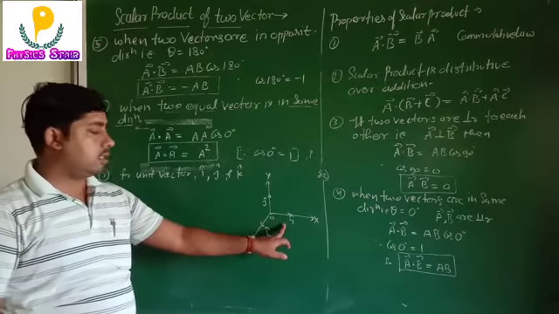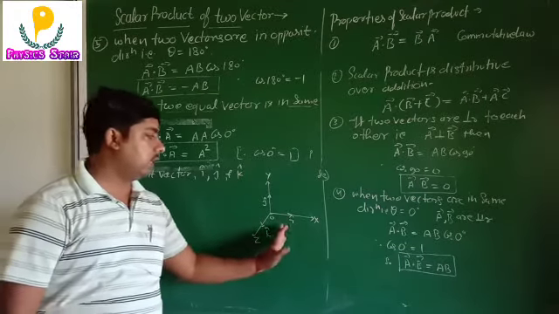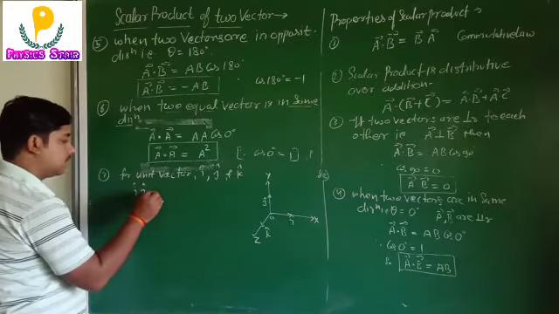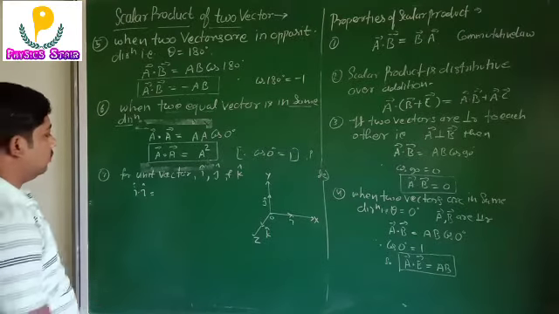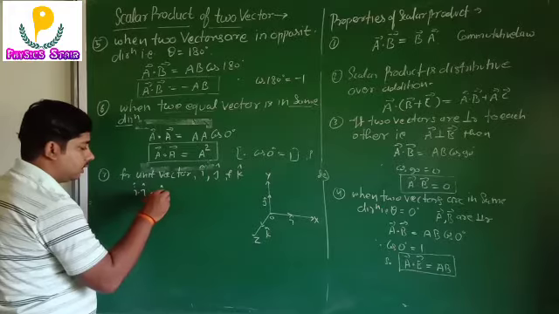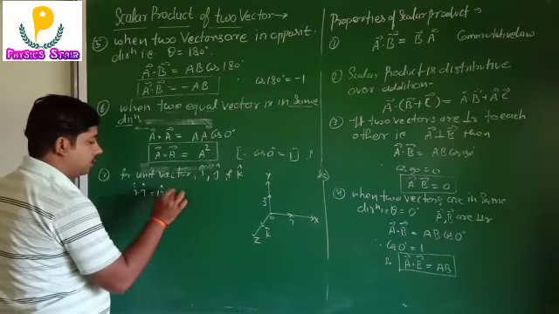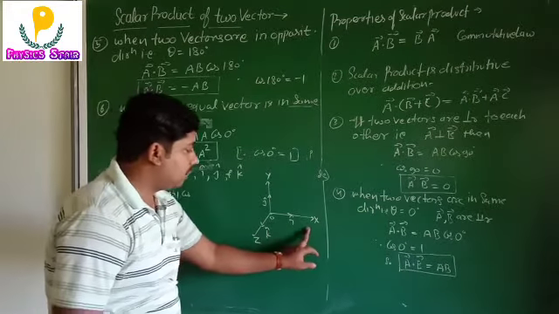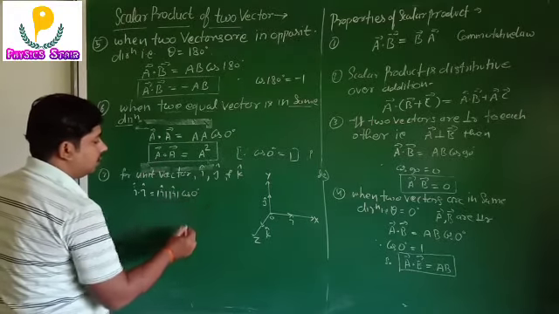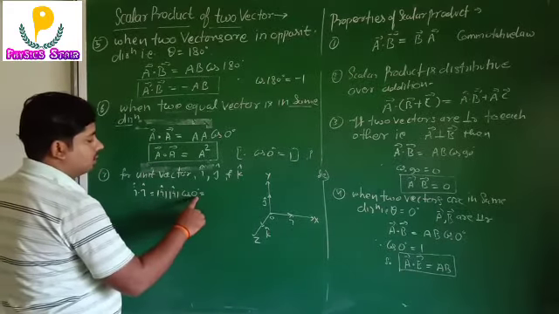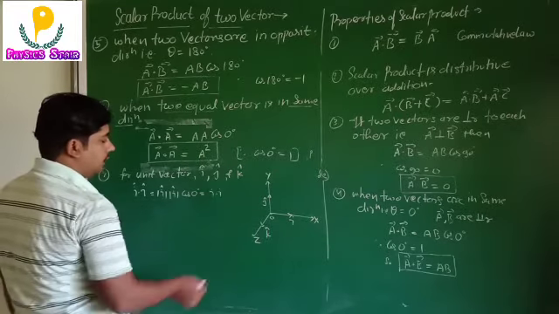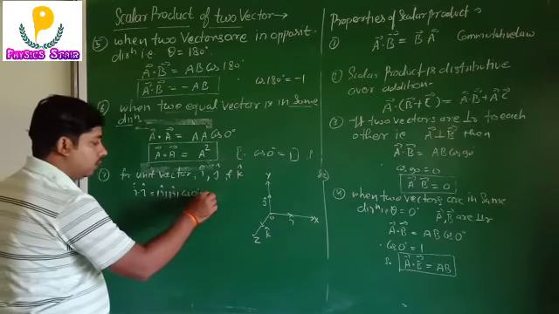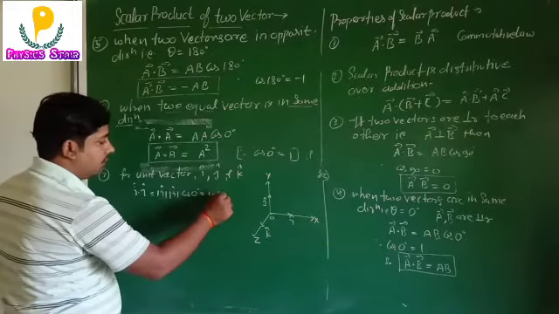If we consider the product of the unit vector along the x-axis, we get I dot I. This gives the product of the magnitude of unit vector I and the magnitude of unit vector I with cos theta. If the two vectors are in the same direction, theta is equal to 0, so this gives I dot I cos 0, which is I into I. The magnitude of the unit vector is 1, so 1 multiplied by 1 multiplied by 1.